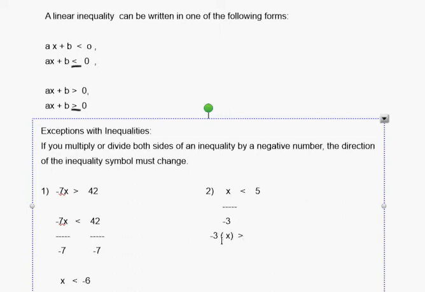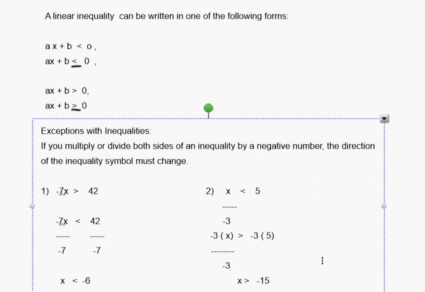And since we're going to multiply both sides of the inequality by a negative number, the direction of our inequality symbol must change. So our less than symbol became a greater than symbol. And remember, we started with a negative 3 in the denominator. Now, those negative 3's will cancel out, and we're left with x is greater than negative 15.